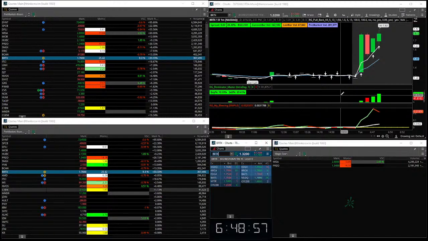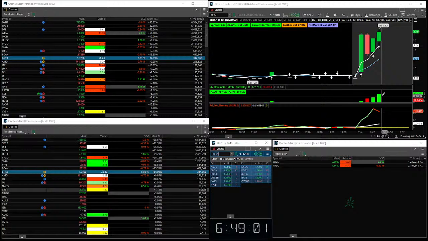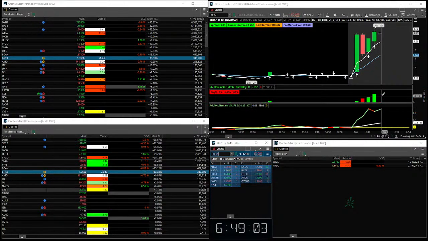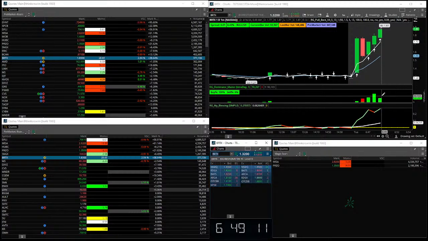Nice green dominator bars. Let's see if we push up through. Running up for about 7 cents. Quickly pulled back.